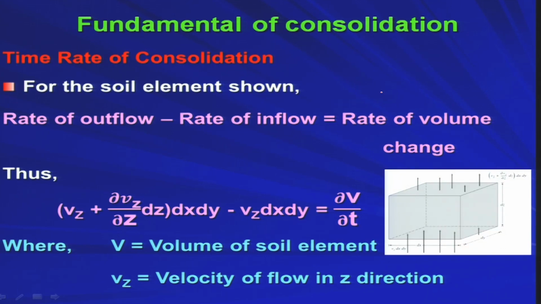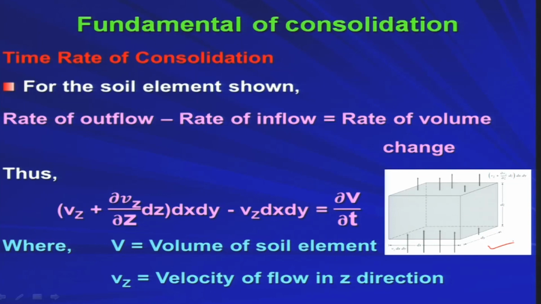Now, for the soil element shown in this figure, please try to understand the rate of outflow. This is completely mathematical, so if you understand this, the rest of the things will be similar and simple.